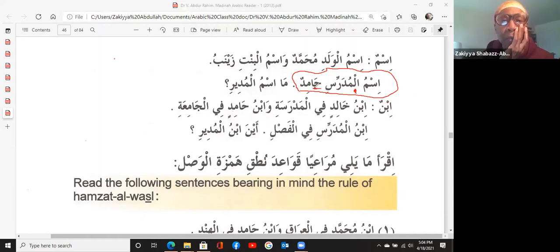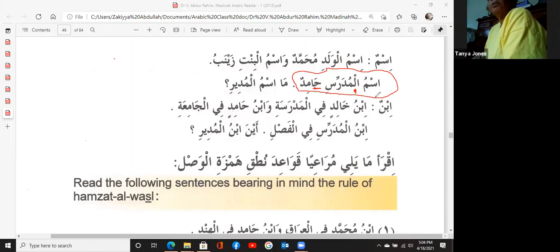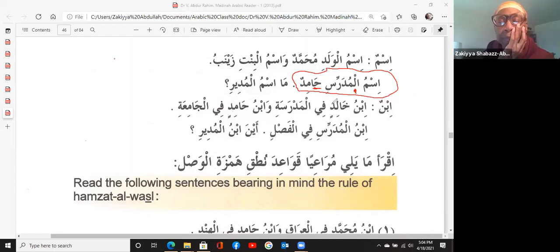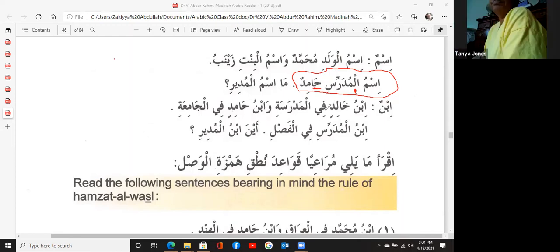Good. Okay. When it's long, give it its long. If it's short, you're not going to say Hamid because there's no Hamidun. Good. So Hamidun. So translate it. The teacher's name is Hamid.